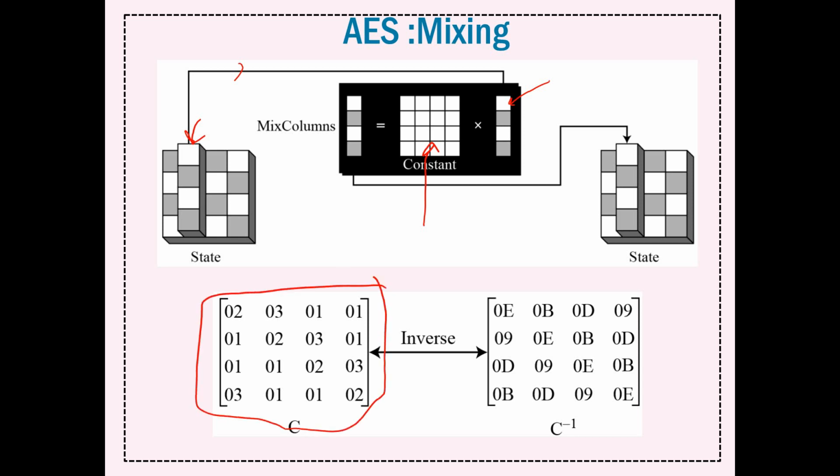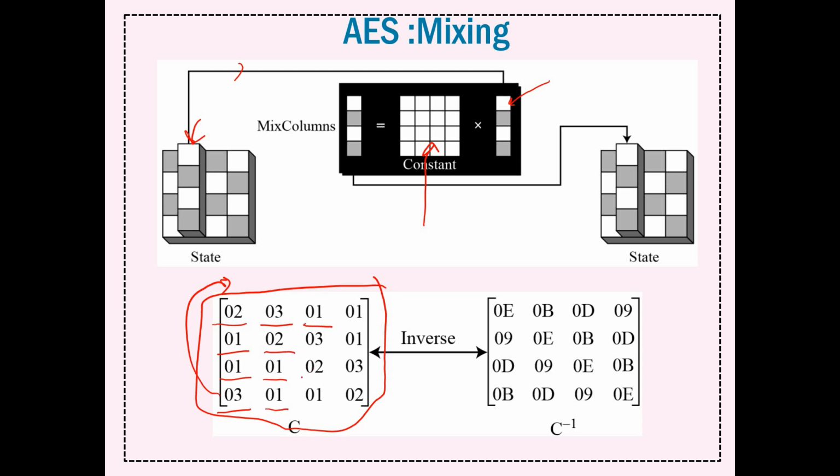Please see this carefully. What we are trying to do, each column of the state matrix is multiplied by another 4x4 template, which is given over there. And if you see the template, that also has a specific arrangement. So you don't need to remember it that much. 02, 01, 01, 03. Second row, if you observe, 3 has gone over here. 3, 2, 1, 1.